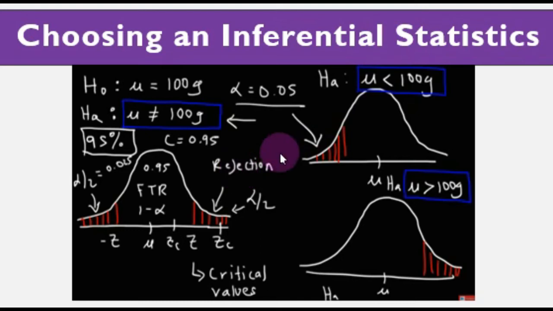Okay, so ulitin natin. Sasabi dito na the mean is not equal to 100 grams. Gusto nating i-test itong hypothesis na to. Okay? So, ang gagawin natin, pwede tayong gumamit ng one-tailed test or the left-tailed test. Okay, na ang mean is less than 100 grams. Okay?